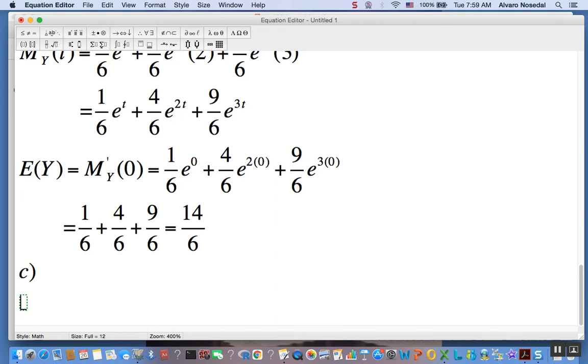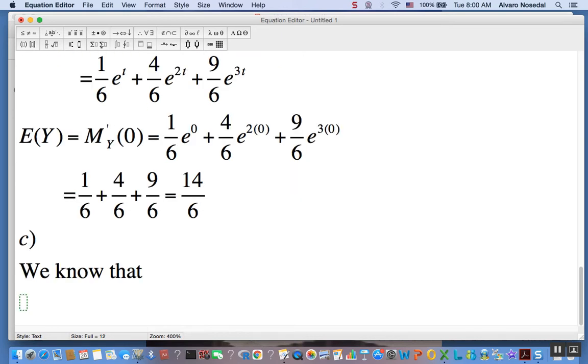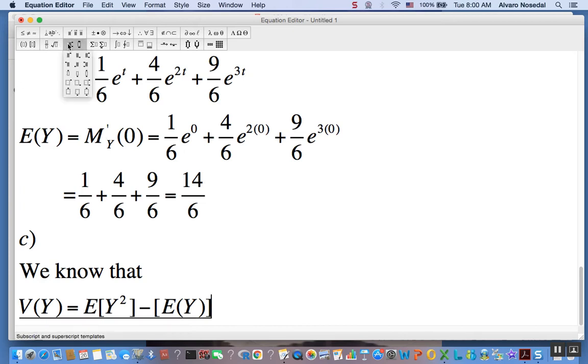Okay, so we know that variance of Y equals expected value of Y squared minus expected value of Y, the whole thing squared.